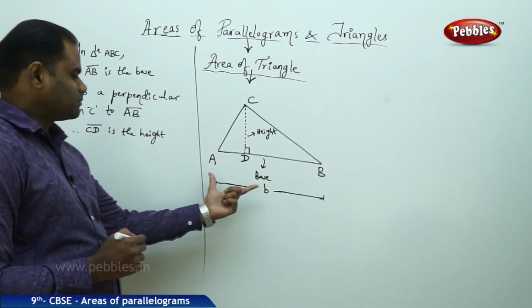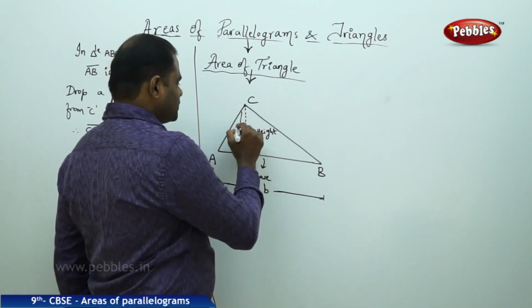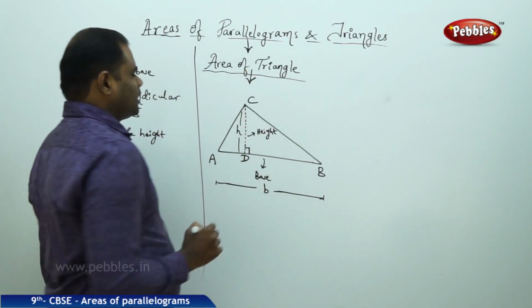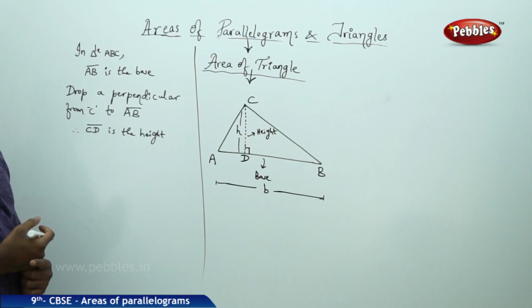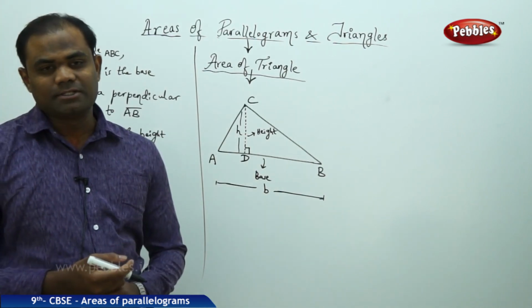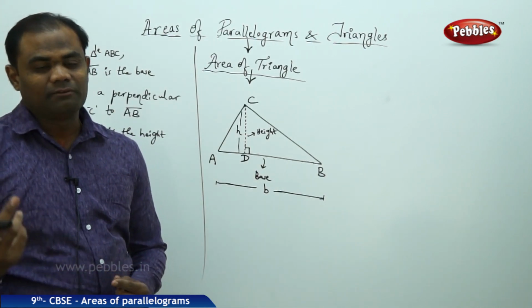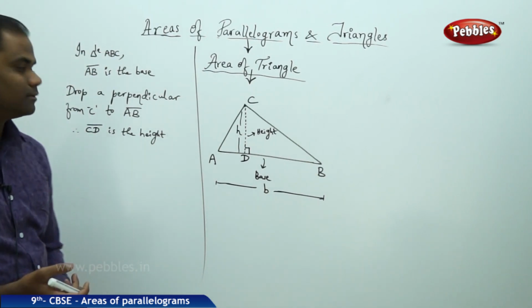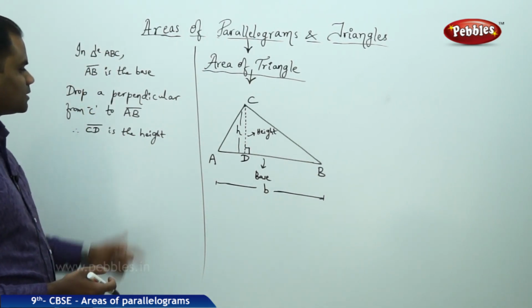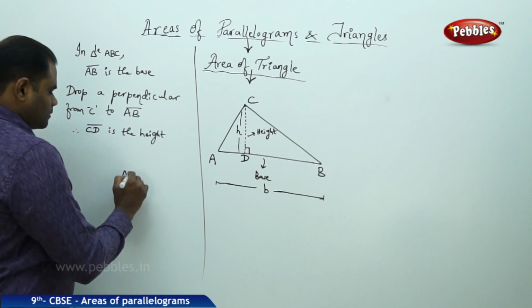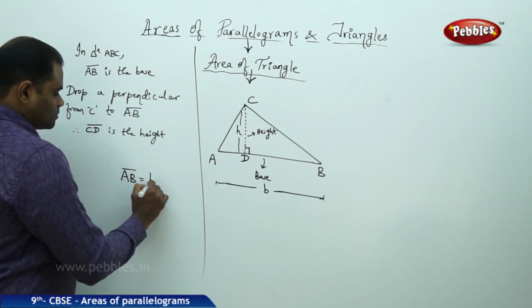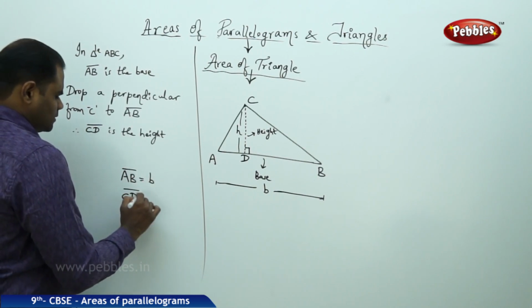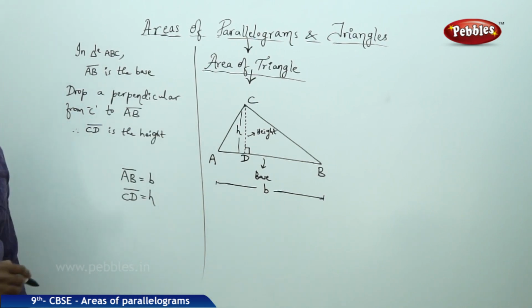So I have base, which is denoted by B, and my height, which is denoted by H. So using the base and height, let's derive the formula for area of triangle. With this being the base, I have AB equals B and my CD equals H.